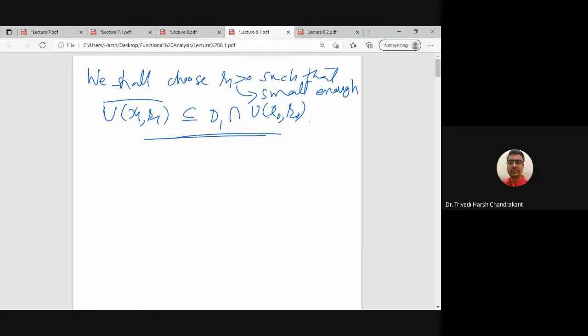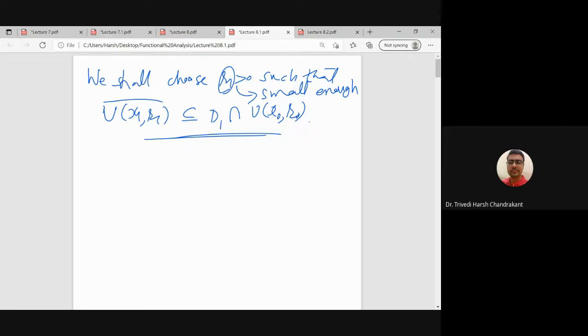Later on we will also fix this radius to be less than or equal to 1 upon n. But as of now we are selecting R1.